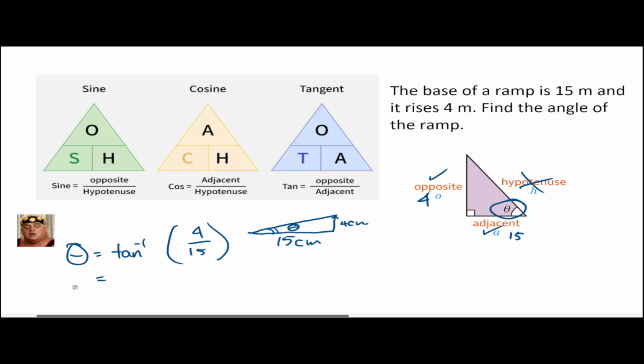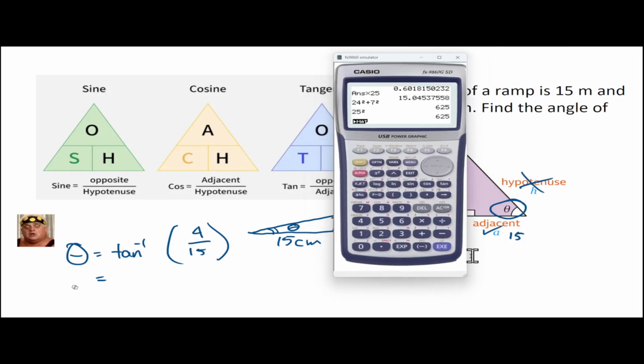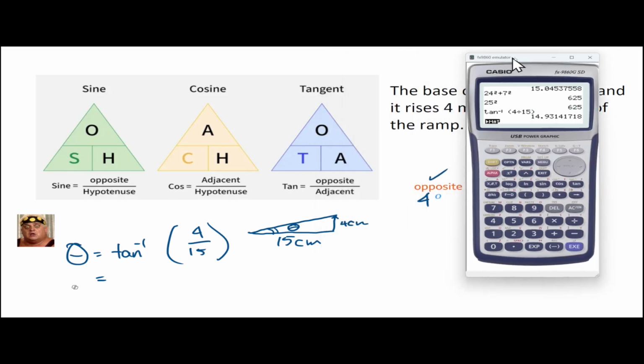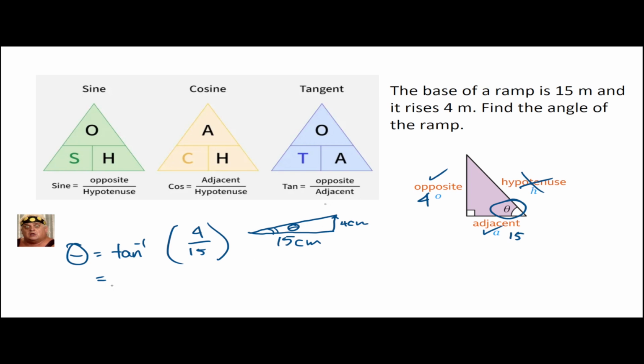We run and grab the calculator. So tan -1 of 4 divided by 15 is, drum roll, 14.93 degrees. That's how it's done.